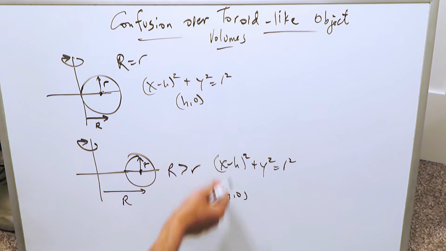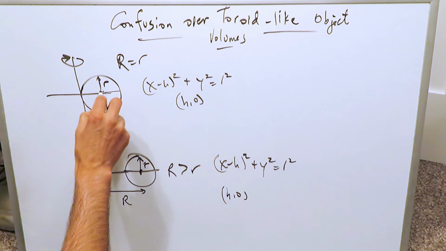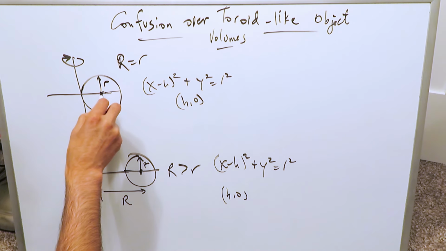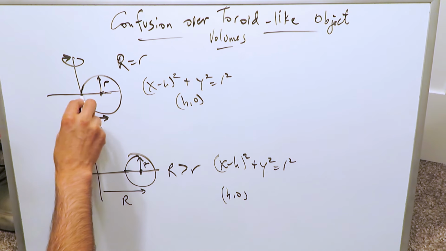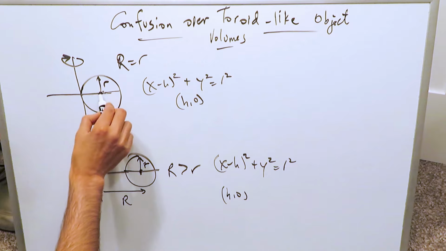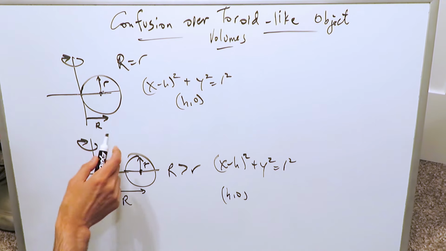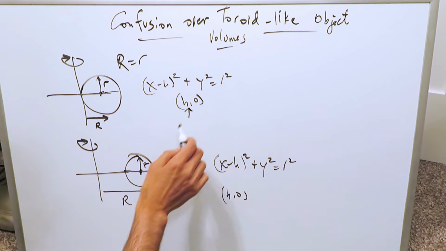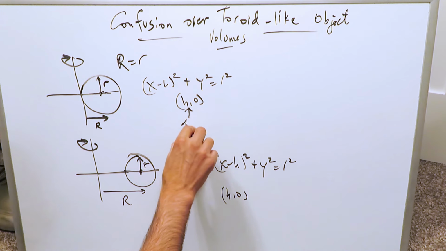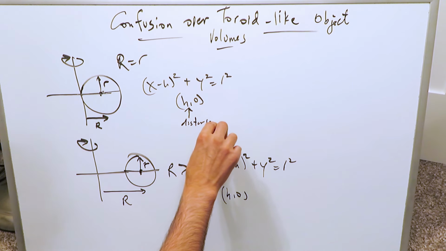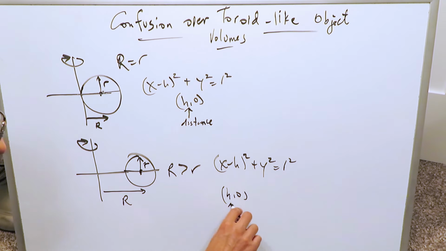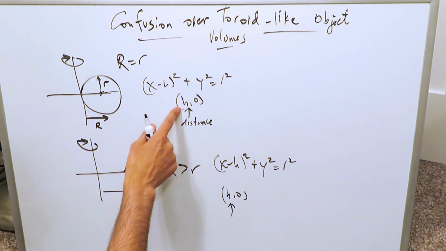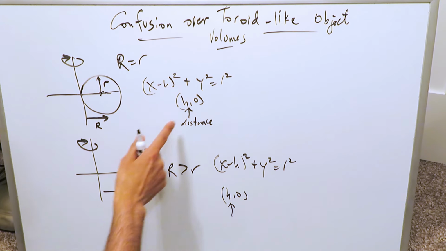In both of these cases, the center of the circle also gives an indication of the distance of that circle from the origin, because your circle has a center on the x-axis. The value here can give you an indication of a distance, as it will in this particular case too. It's an instance of a distance. You're h units away from the origin.